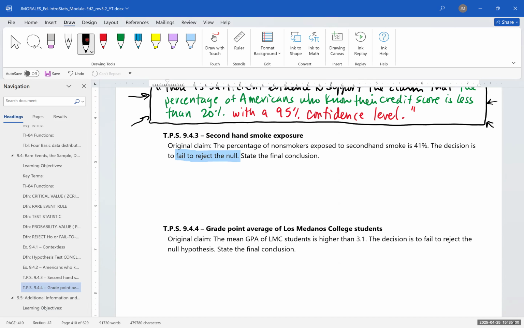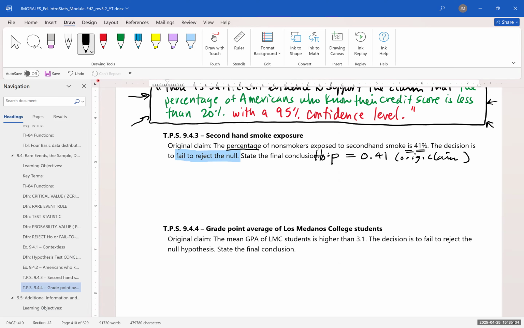So the original claim is that the percentage of non-smokers exposed to secondhand smoke is 41%. So the percentage or the proportion, the word is translates to equals, and then 41% is 0.41. So because this has equality, this is very clearly a null hypothesis. And that was our original claim.